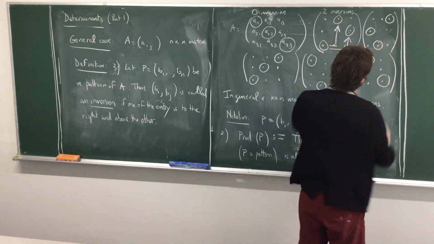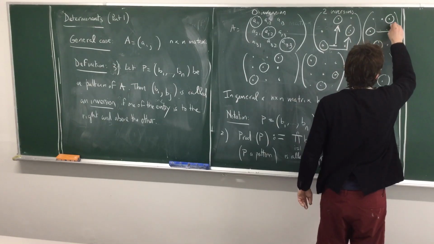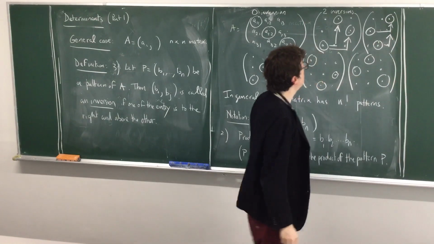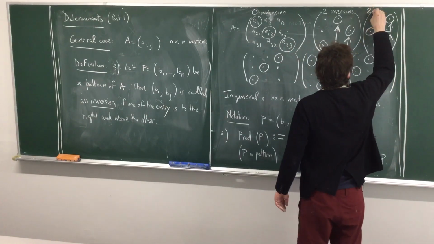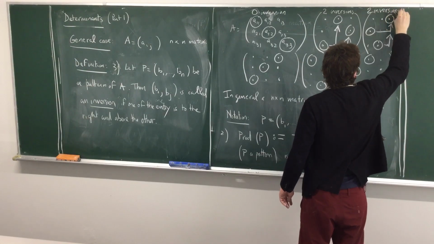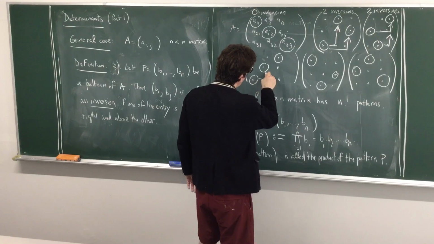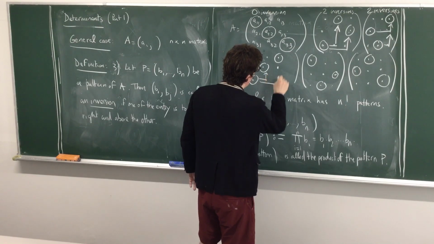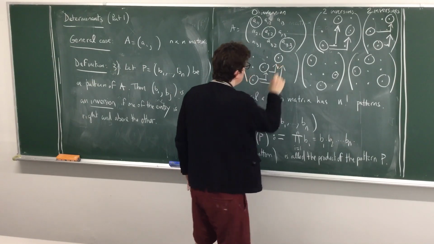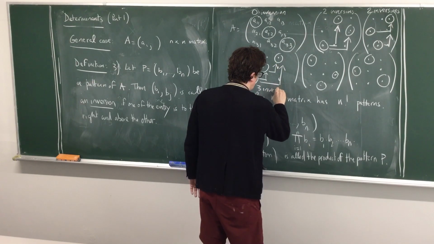Right and below, it's not. Right and above, this is one. And this is another one, right and above. So we have 2. Okay, here we have right and above, this is 1. Right and above, this is 2. And we have right and above, this is a third inversion, so 3 inversions here.